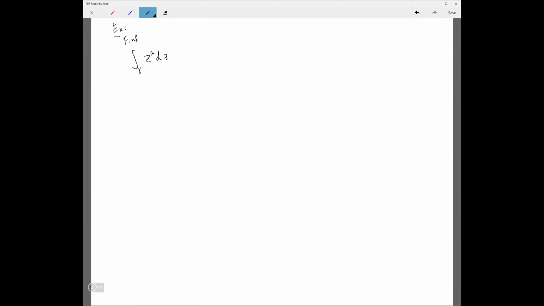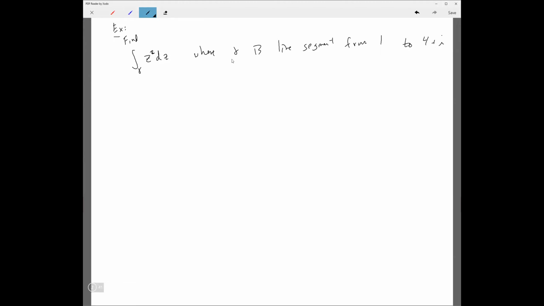So our first function is just going to be z squared. And then we'll say that gamma is the line segment from 1 to 4 plus i. I just kind of randomly chose a couple of complex numbers there.